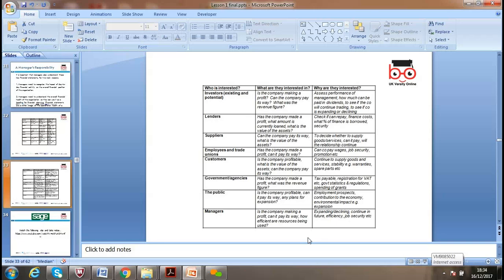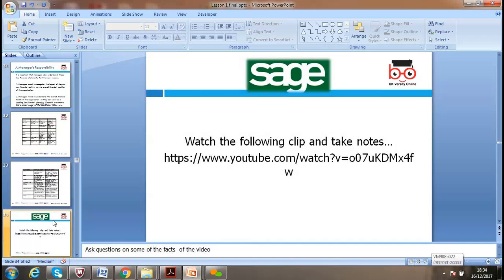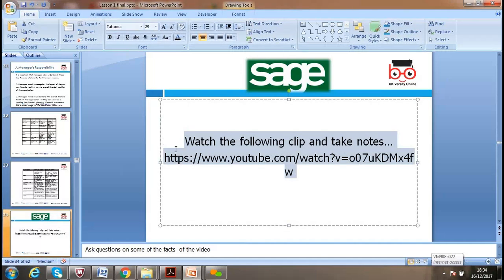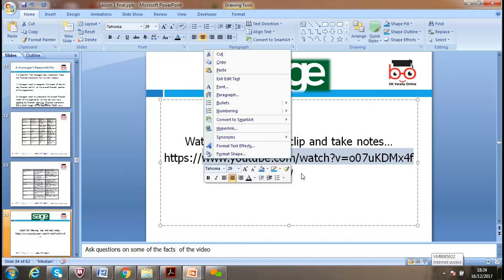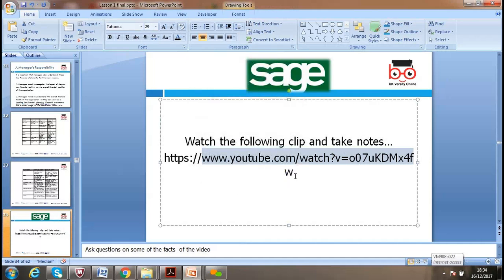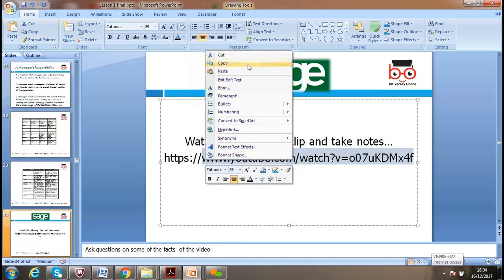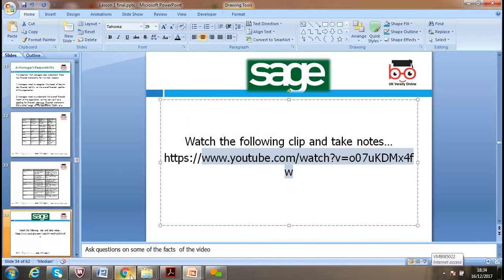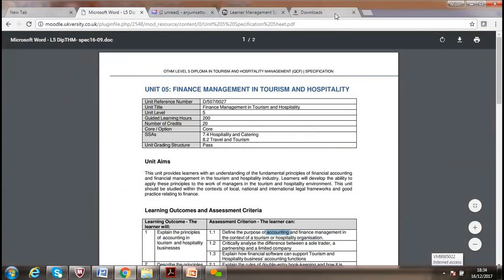Okay, next we're looking at Sage. Have we heard about Sage? Sage is accounting software used in various organizations, which is quite good, and is normally the software we can use to prepare the accounts.